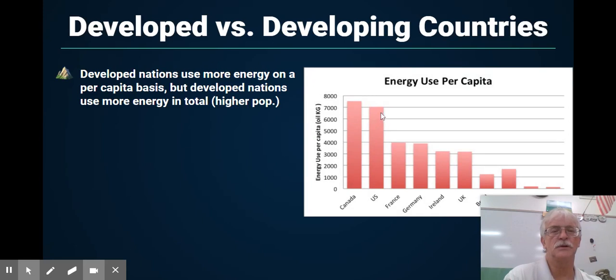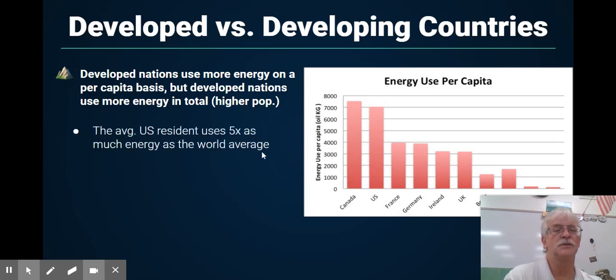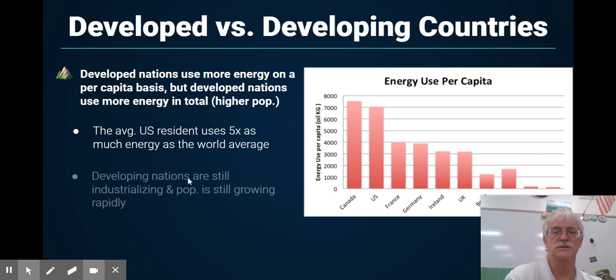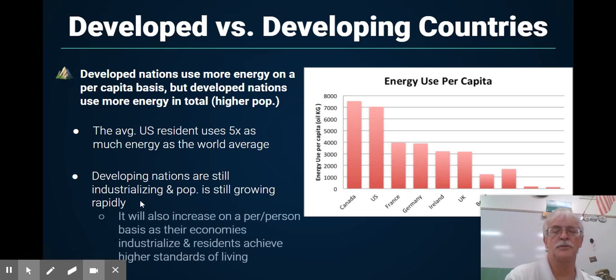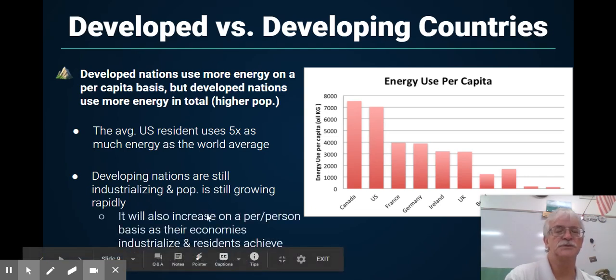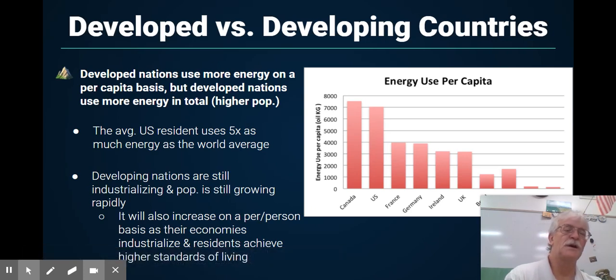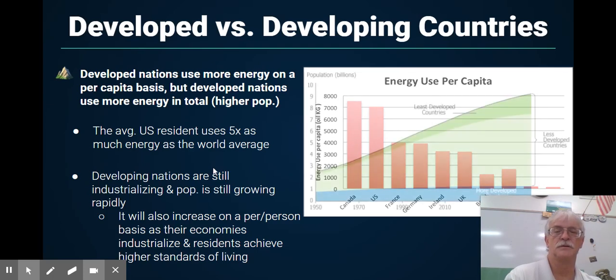We can see here on a per person basis, the United States and Canada are number one. And in the United States, we use up to 5 times what the rest of the world uses. Developing countries are still industrializing, population is still growing rapidly, and this will increase on a per person basis as their economies industrialize and they achieve higher standards of living.